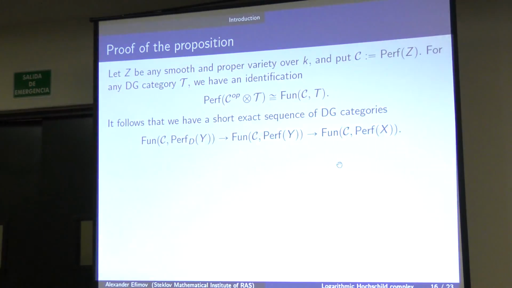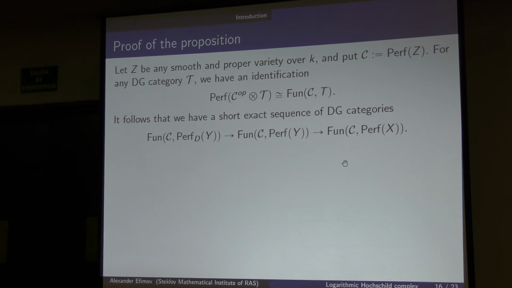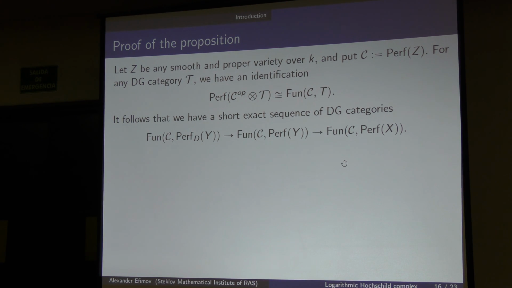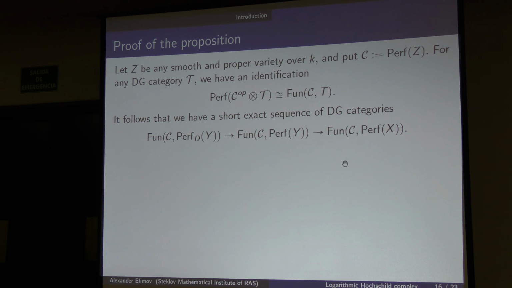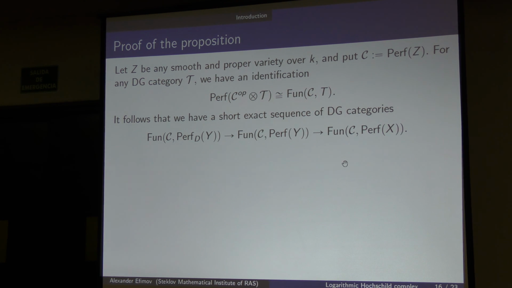In particular, it follows that we have a short exact sequence of DG categories. So functors from C to perfect complexes supported on D, then functors from C to perfect complexes on Y, and functors from C to perfect complexes on the complement. If C would not be smooth and proper, then the sequence would not be short exact.